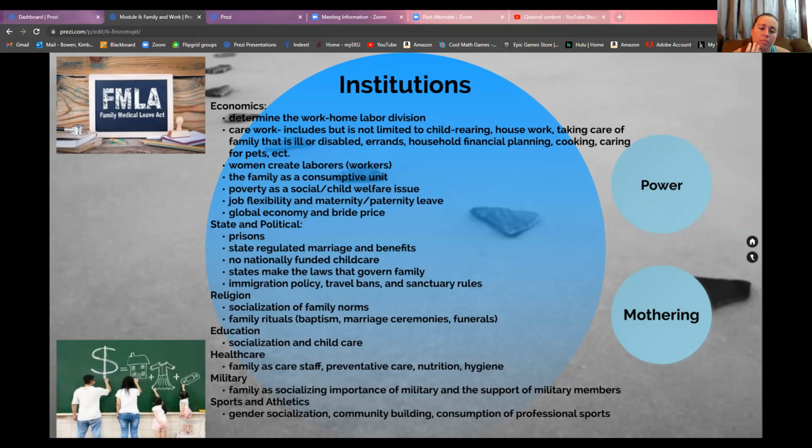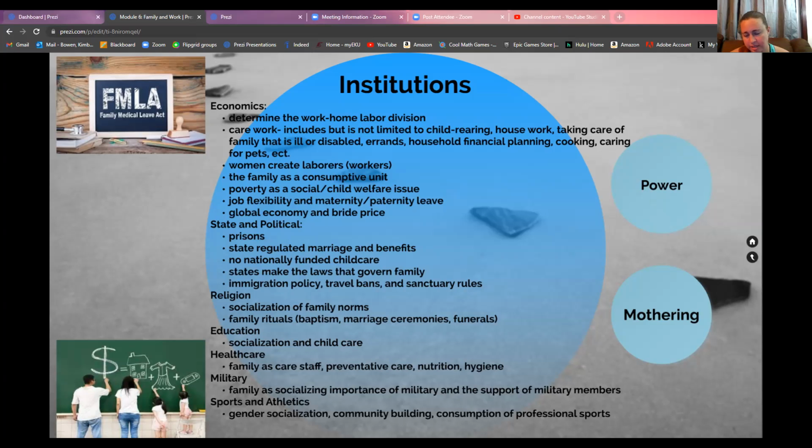We can also talk about the prison system and incarceration and how that impacts women, again disproportionately women of color and women of lower socioeconomic status, who you're going to see incarcerated at a larger level, which has massive amounts of impact on the family structure. You're going to see that there's no nationally funded childcare, and that has a lot of long-term consequences for women in the workplace and for the economic stability of families that require more than one income.